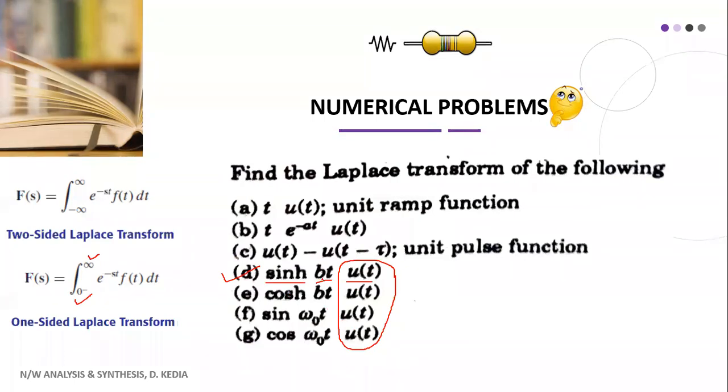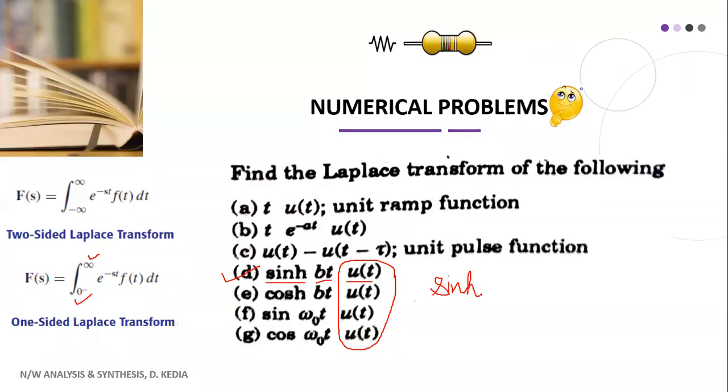So, sine hyperbolic bt. Students, I told you in the previous class also, the best way to obtain the Laplace transform of trigonometric functions is to convert them to exponential functions. You must be knowing the exponential representation for hyperbolic functions.